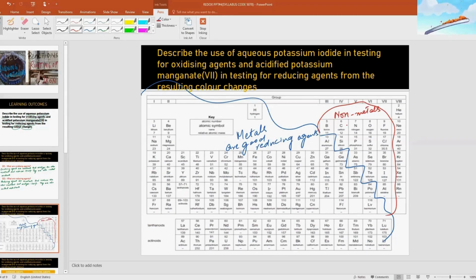These are good oxidizing agents. Therefore, non-metals have a good tendency of accepting or gaining electrons and oxidize the other reactants in a reaction.